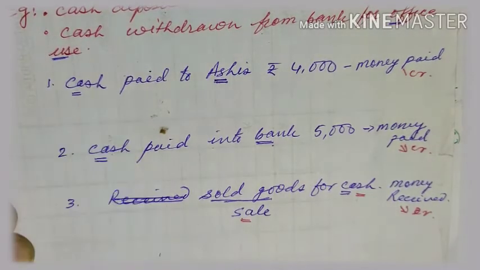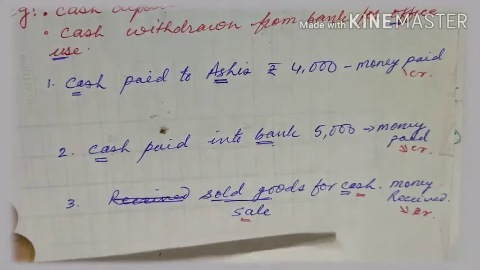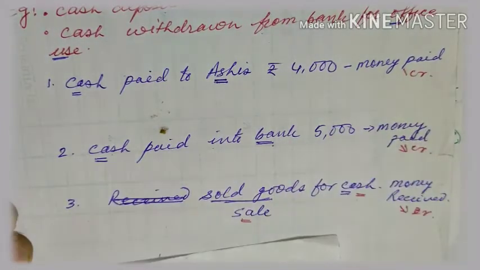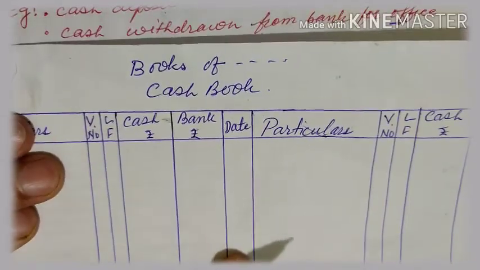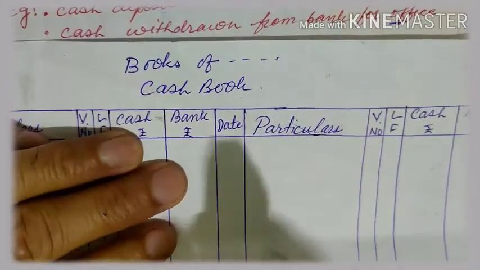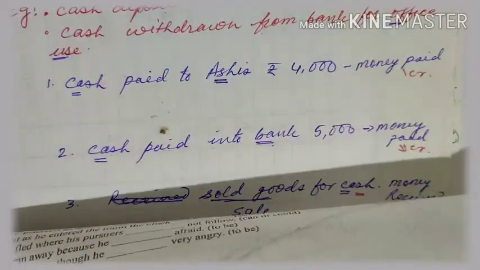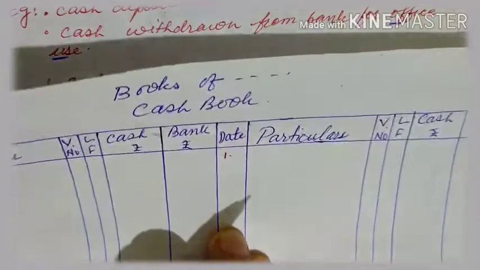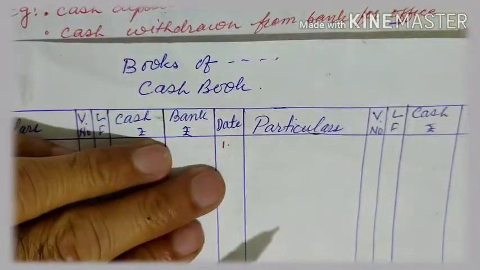Now number 1, cash paid to Ashish rupees 4,000. So this entry will be on the credit side. So we will make the entry on the credit side here. Cash book on the credit side. Let's assume this as date 1. So this cash is paid to whom? Cash is paid to Ashish. So one account affected is Ashish.